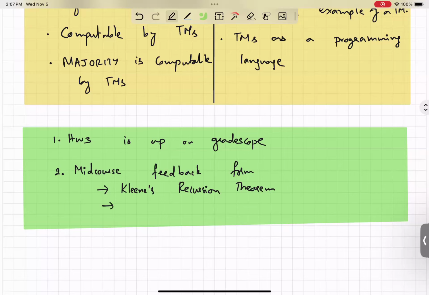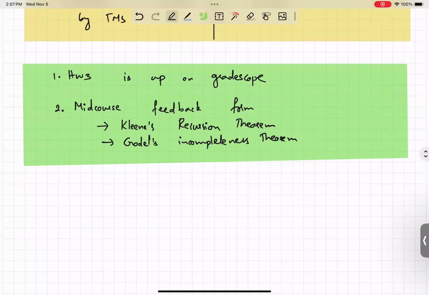The other option is Gödel's incompleteness theorem. It was a big deal in logic, but it's really a question about computability. Gödel's incompleteness theorem is usually stated as saying you cannot prove every true mathematical statement, whatever that means. There is a way to make it formal, and you can only do so in the context of Turing machines and computability and what we are discussing in this class.